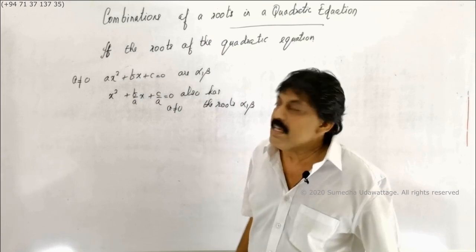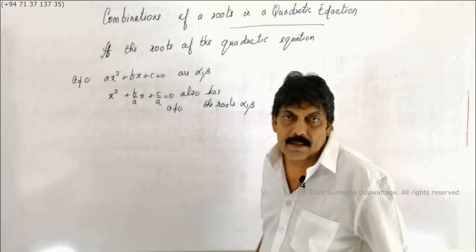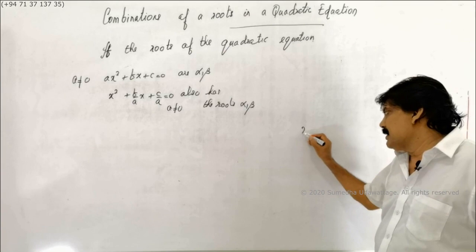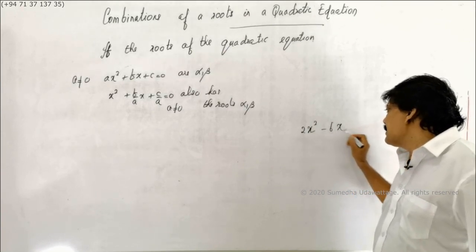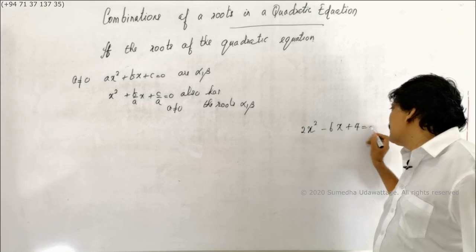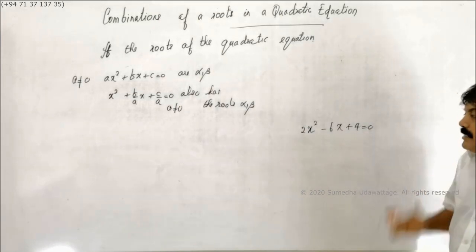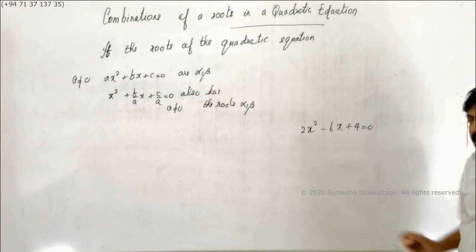If you are new to the subject, you may wonder how that happened. Go to O-level mathematics. Think of 2x square minus 6x plus 4 is equal to 0, and you are asked to find the roots of this equation. Grade 9 mathematics. What is the first step?